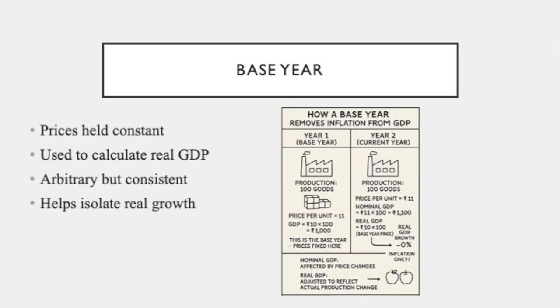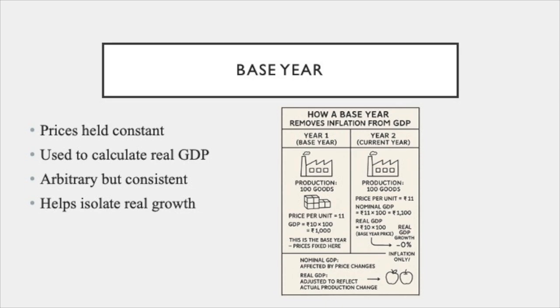A base year is just the year we freeze prices. We pretend prices never change and recalculate GDP. The specific year doesn't matter. Consistency does. Once prices are locked in, changes in GDP reflect changes in quantities, not prices. That's the whole point. The base year is the year we choose to hold prices constant when calculating real GDP.